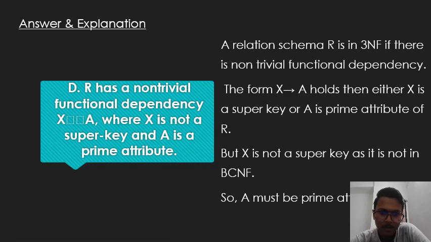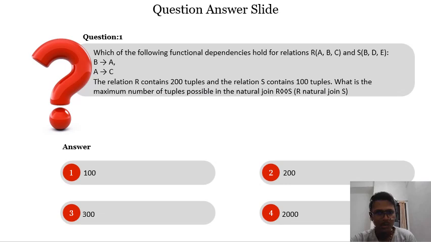Now we can see relation schema R: if a non-trivial functional dependency from X to A holds, then either X is a super key or A is a prime attribute of R, but X is not a super key as it is not in BCNF.